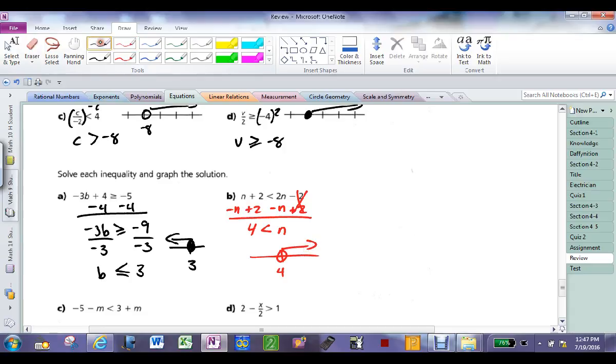Now, if I do it the way I told you guys to do it, which is letters first, it looks like this, same thing, right? I'm still moving this n over here, because the n is smaller than 2n. Still is going to work out the same. Where it's going to screw you up is if this n was negative.